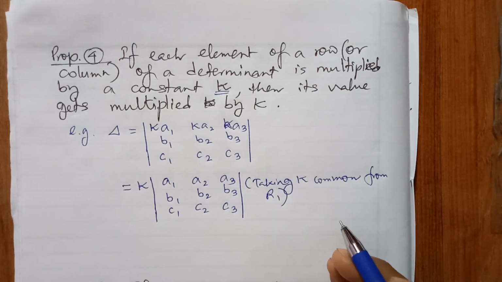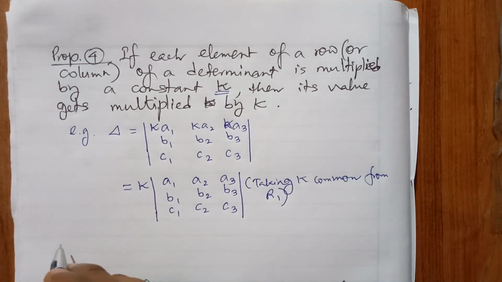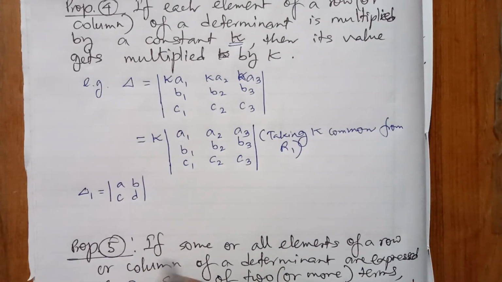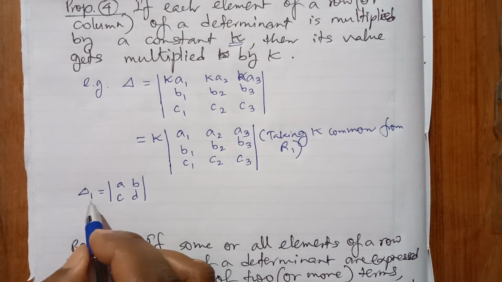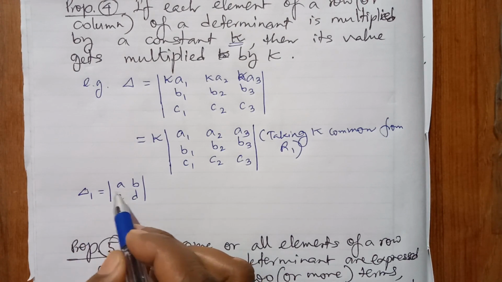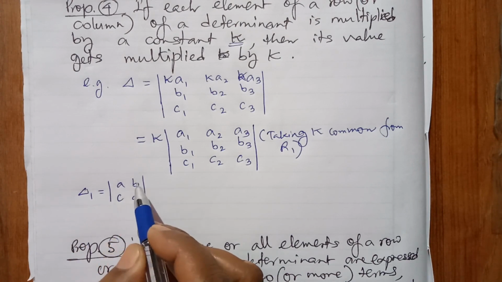One more thing I am showing here. Suppose one extra determinant: A, B, C, D. I am showing you a 2 by 2 determinant, and the name of the determinant is delta 1. And suppose you are going to multiply row 1 by the constant k.